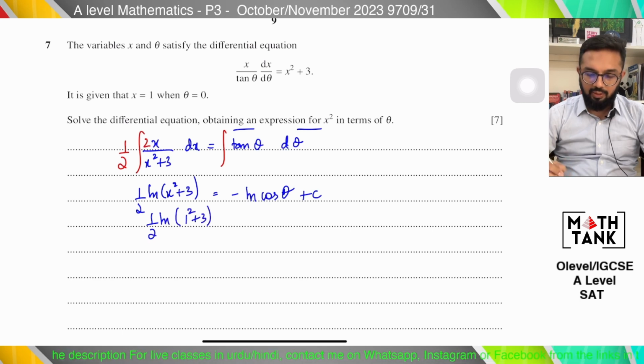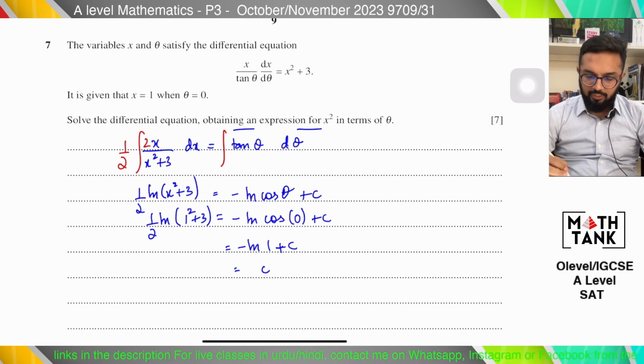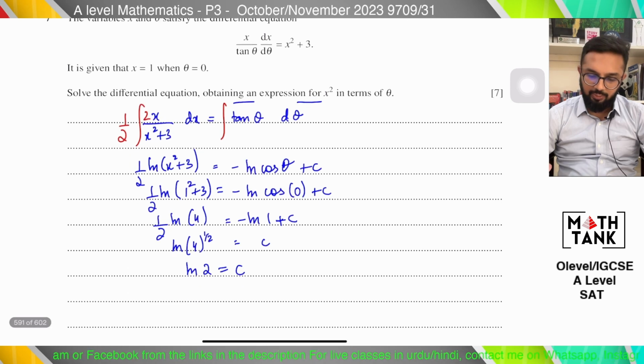Half ln 1 squared plus 3 equals minus ln cos 0 plus c, which is ln 1 plus c. So I have half ln 4, which is ln 4 power half. 4 power half is 2, so c is ln 2.